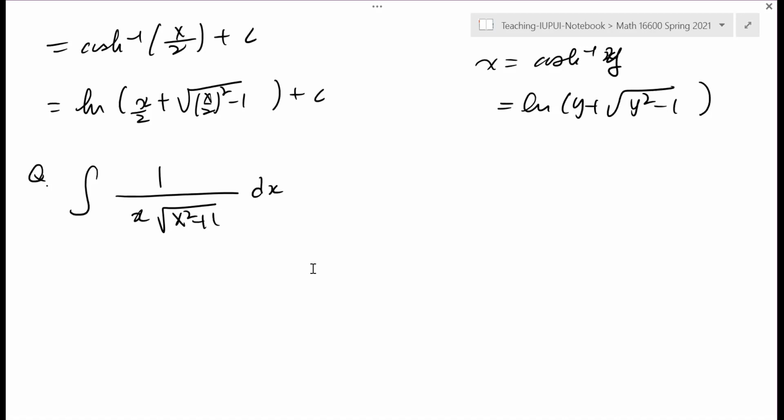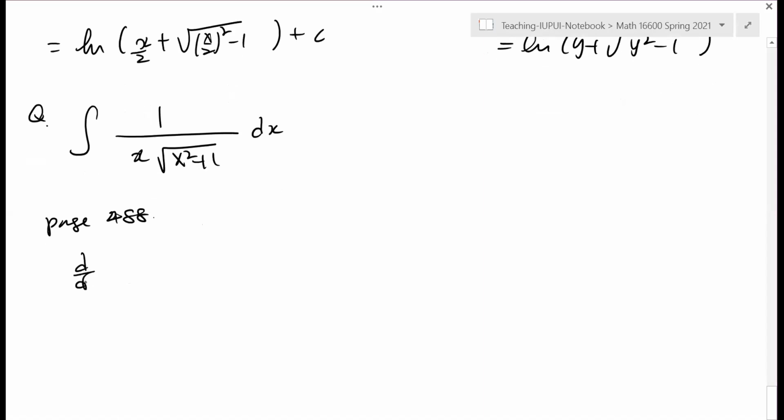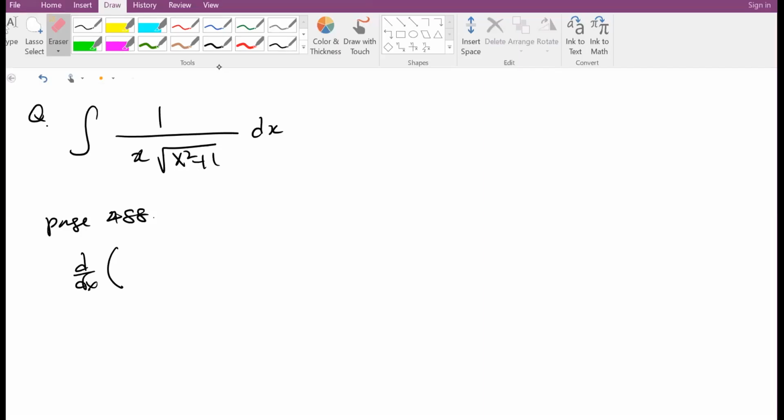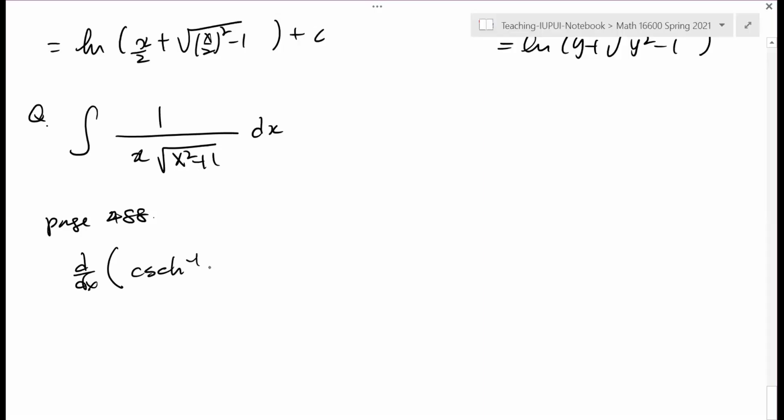I have this formula, the derivative of hyperbolic cosecant. That's not the usual formula. Hyperbolic cosecant x. It's going to be negative, about 3x and x squared plus 1.